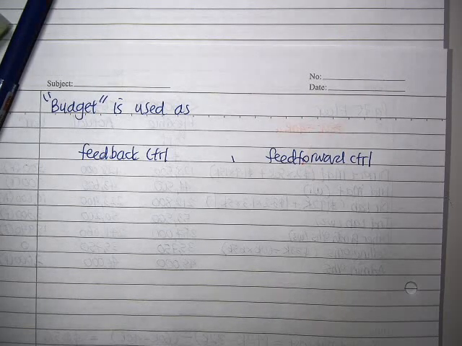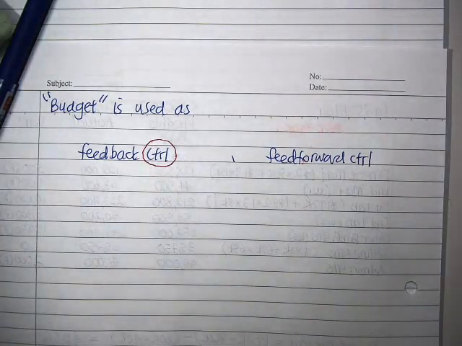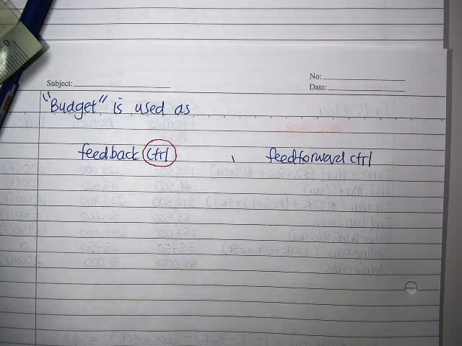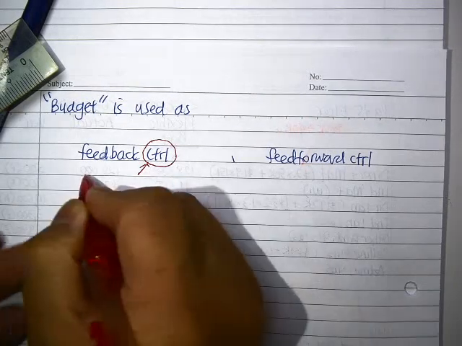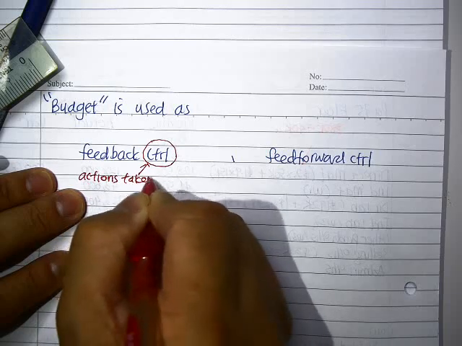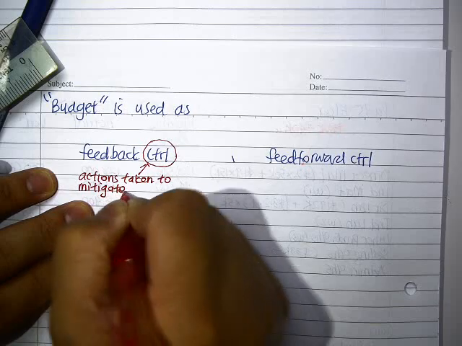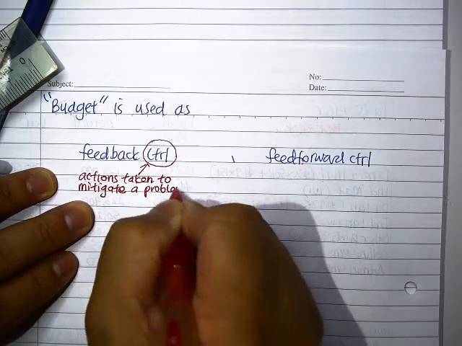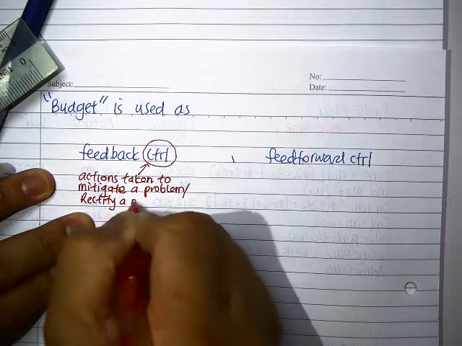Okay, this control is what? Control is whatever you do so that you rectify a problem. That's called control. So aside to us, control is actions taken to mitigate a problem or to rectify a problem.